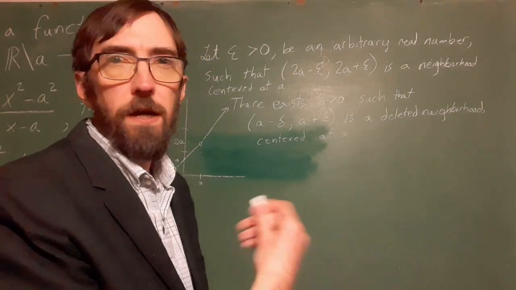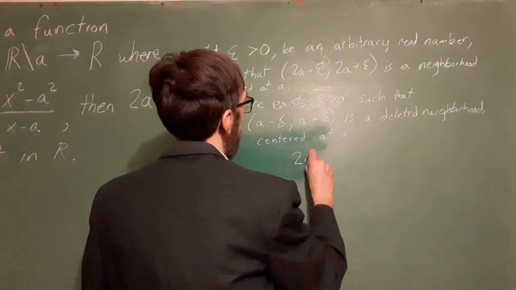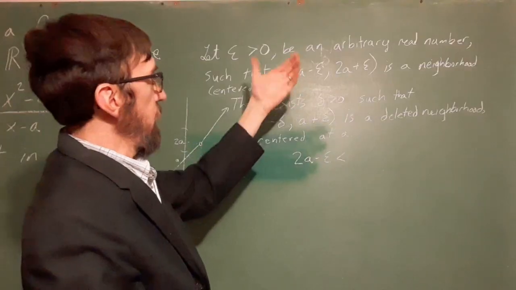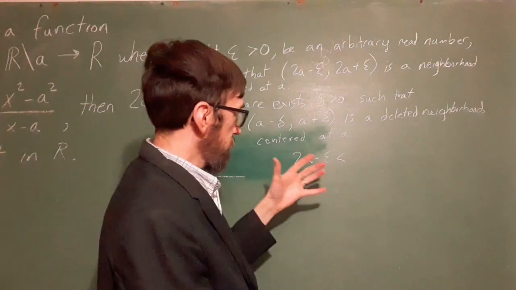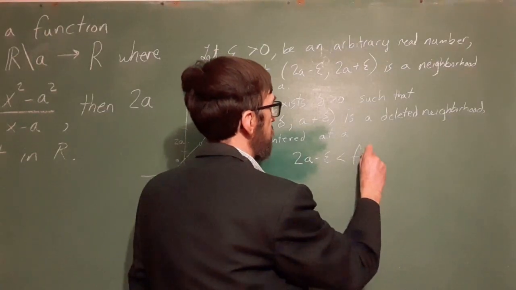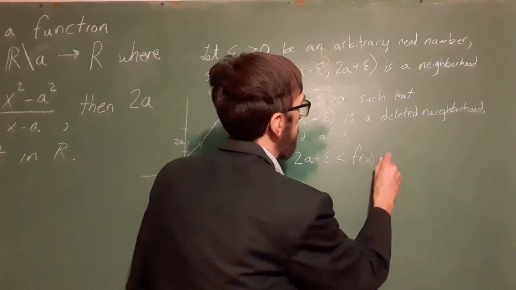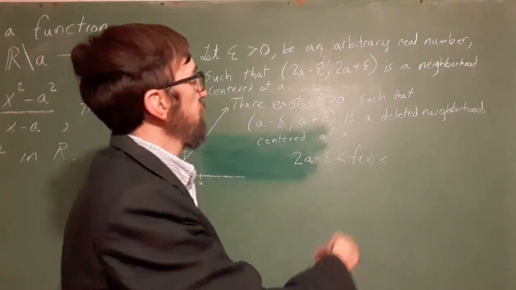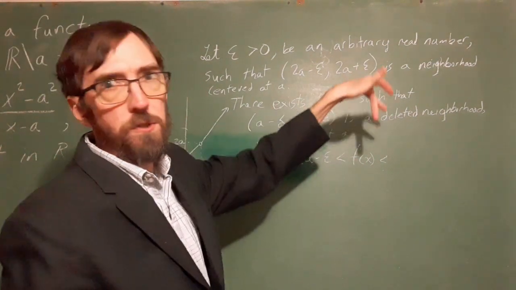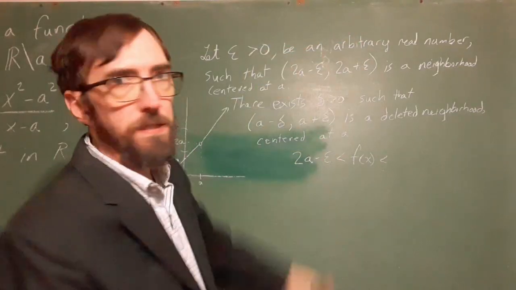It's a part of where f of x lives. Since this is the smallest number in this interval, we know that it is smaller than some of the f of x's that exist, and that f of x is smaller than this, which is the largest number in this interval. So there's a bunch of f of x's in here.